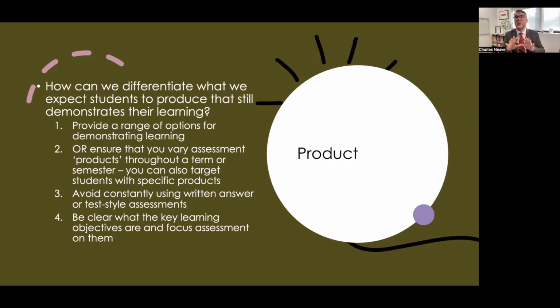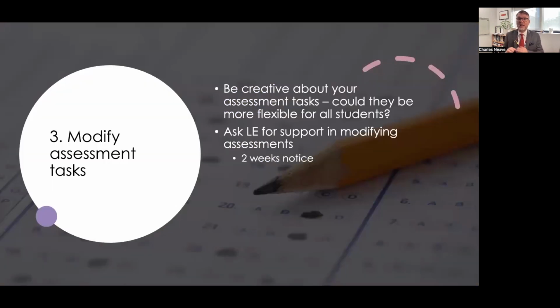In other words, not always a formal written test, because we've got to remember, what are we actually assessing? Be clear about what the key learning objectives are and focus on them. We're not always assessing the ability to do a formal written test.